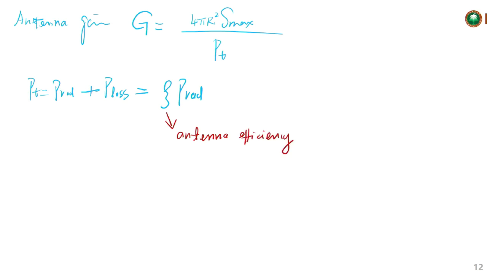That means if the efficiency is 100%, there is no power loss. Actually, it's only 50 to 70% as we mentioned previously. So that means we have power loss.